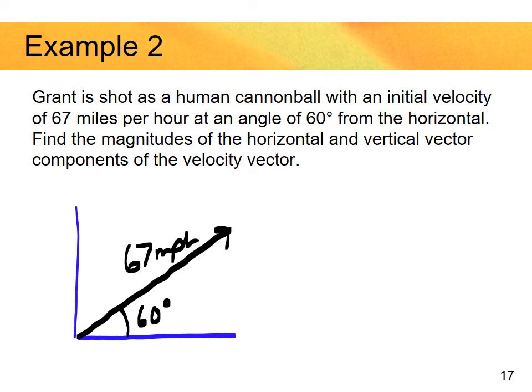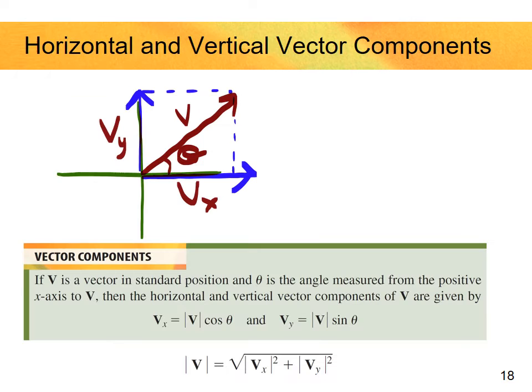I want to know how to get this component. I want to know how to get the x-axis magnitude and then the y-axis magnitude, or the horizontal component and the vertical component. So we have to go back to our textbook. Inside the textbook, I do not know what page it's on, but we should have something that looks like this.